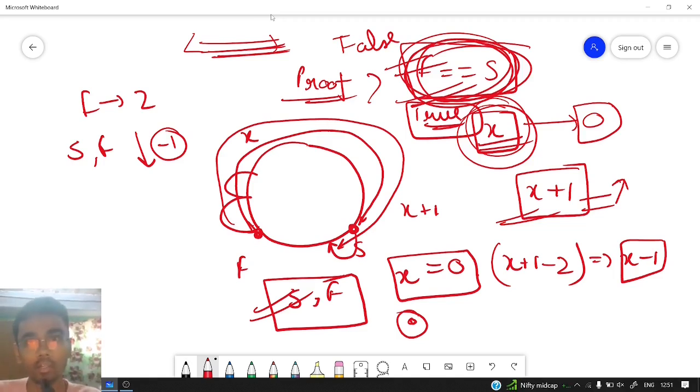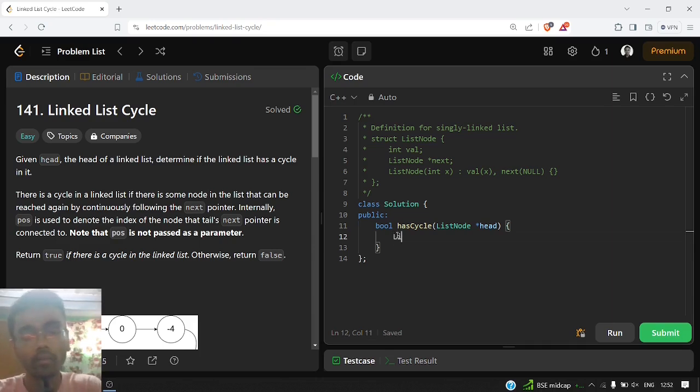So let us write the code now. First we need to initialize the fast pointer and slow pointer, and both will be pointing to the head of the linked list. So we can initialize ListNode star fast equal to head and slow equal to head. Now we need to continue iterating until fast becomes null or fast next becomes null.